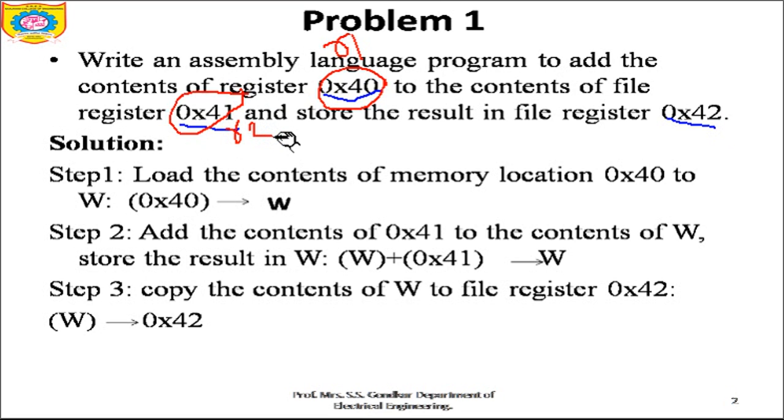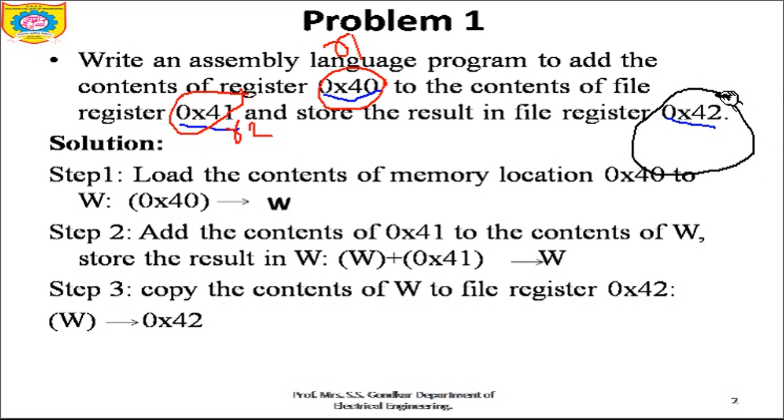These are not values, these are registers. Whatever the registers contain, we will be adding them. The result is to be stored in the location 0x42. The one I have marked in black is the location where we have to store the result of addition.